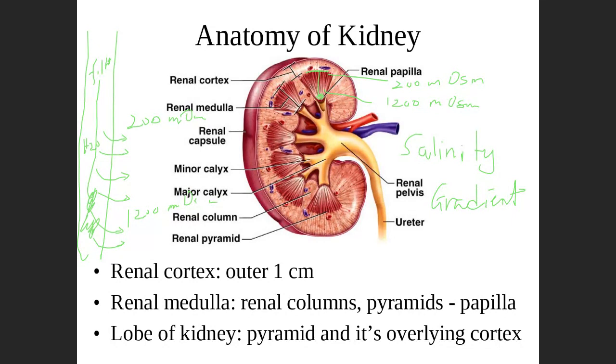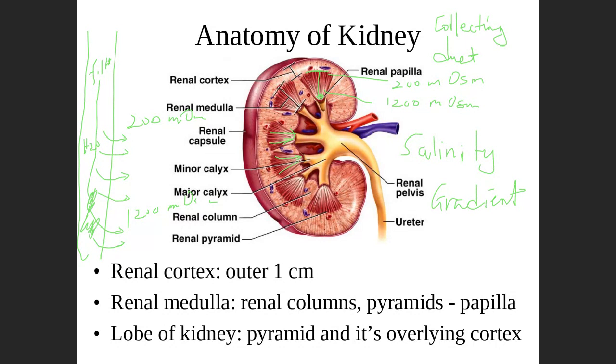In fact, there are a lot of tubes that go through this medulla, and that is known as the collecting duct. The collecting duct carries urine. The collecting duct, by the way, is not part of the nephron, but it collects urine, and all the collecting ducts point toward the renal papillae.